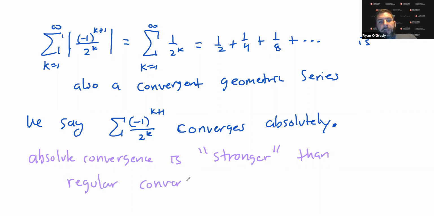Here's a good metaphor for it. Everything that is absolutely convergent is also regularly convergent, but not the other way around. It's sort of like every square is a rectangle, but not every rectangle is a square.